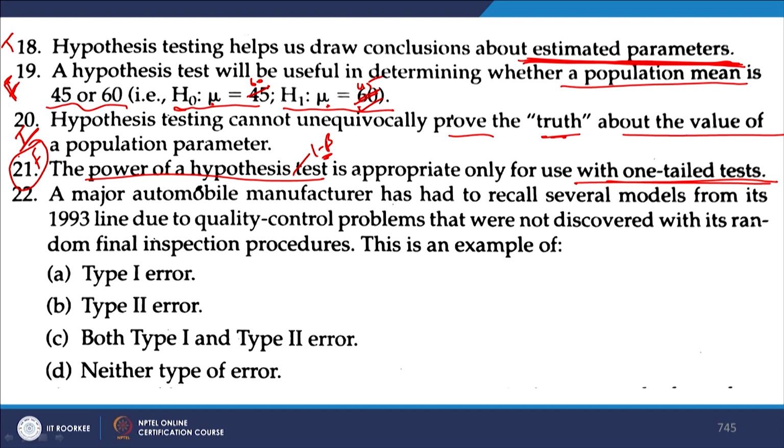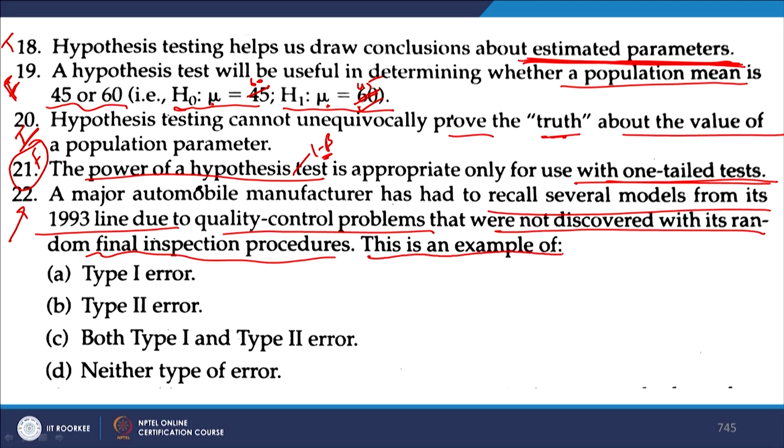Okay. Let us look at the 22nd question. A major automobile manufacturer has had to recall several models from its 1993 line due to quality control problems that were not discovered with its random final inspection procedure. This is an example of type 1 error, type 2 error, both type 1 and type 2 error, or neither type of error.